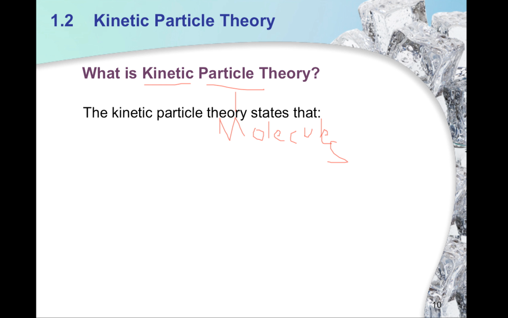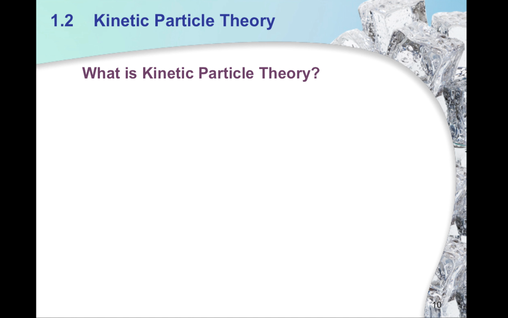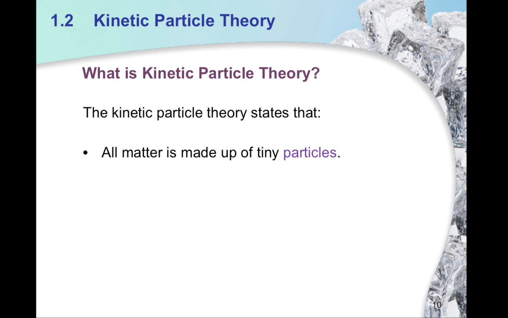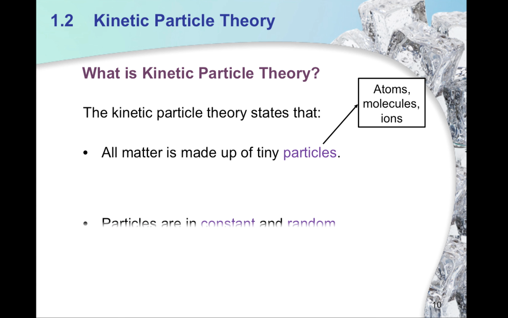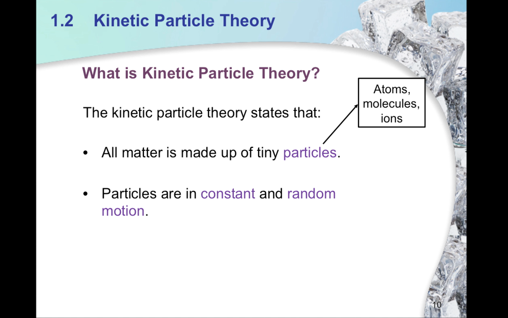Hence the kinetic particle theory states that all matter is made of tiny particles, which include atoms, ions, or molecules. And in this case, they are always in constant random motion. It is important to have this particular phrasing of constant and random motion, which is the main gist, the main important concept of kinetic particle theory.